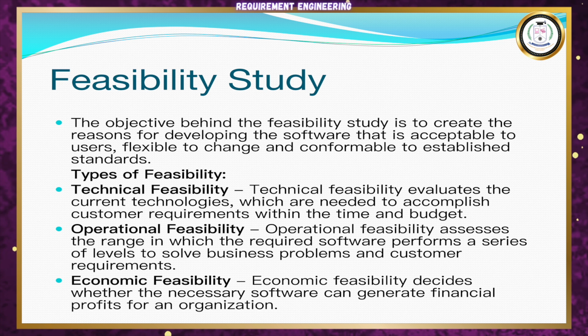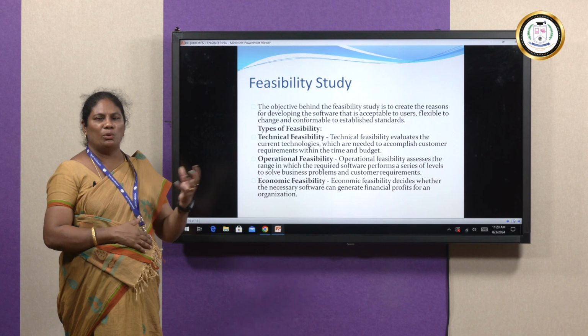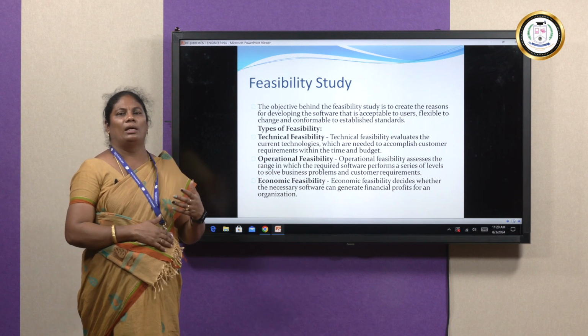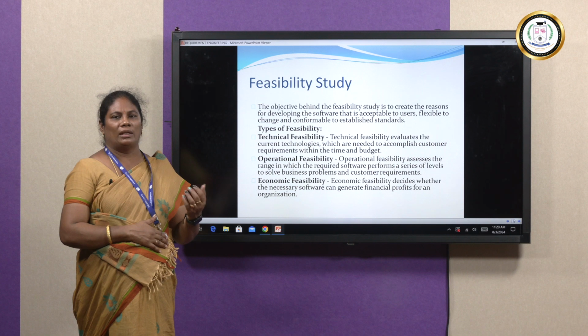The feasibility study consists of 3 types. First is the technical feasibility, second is the operational feasibility, third is the economic feasibility. First, the technical feasibility. Technical feasibility means new technologies are used by the end user.